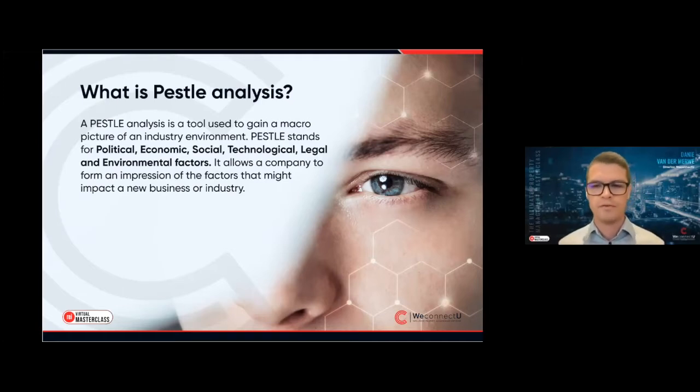The inverse, unfortunately, is also true. There might be threats looming, and you get caught with your pants around your ankles, like internet connectivity dropping this morning. And then if you do not have a plan B, you are unable to respond to that adversity. So let's spend the next couple of minutes really just thinking big.